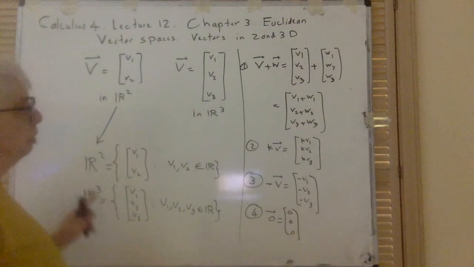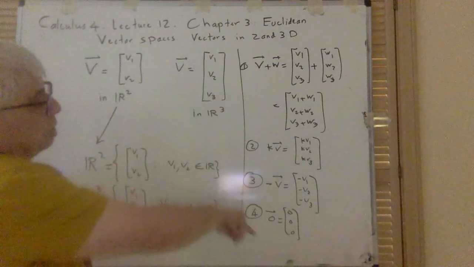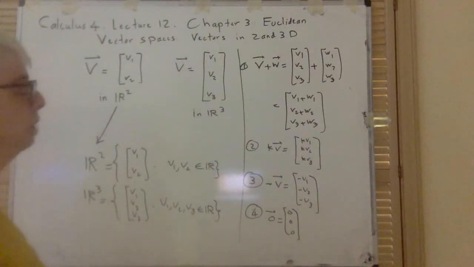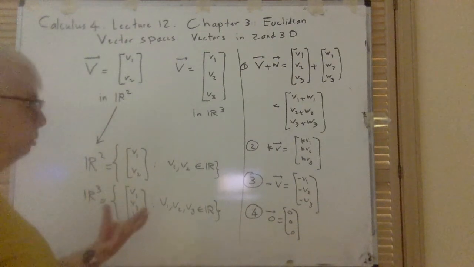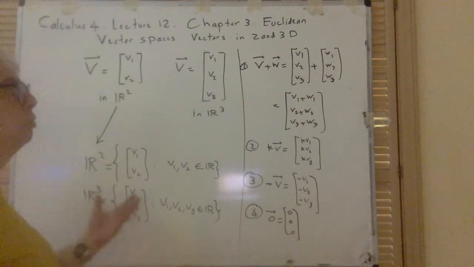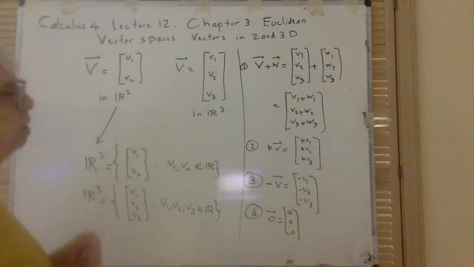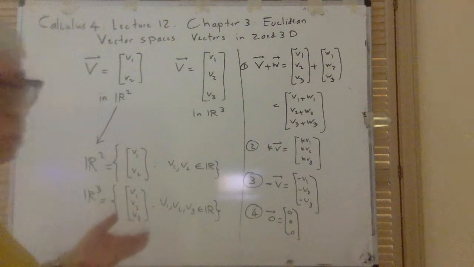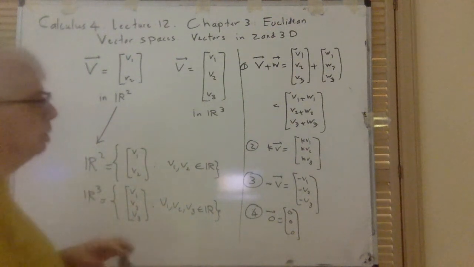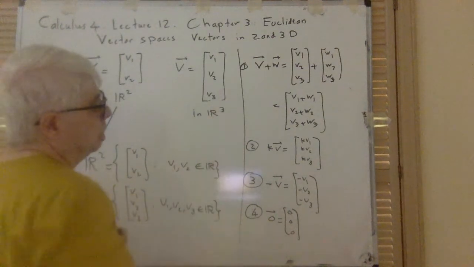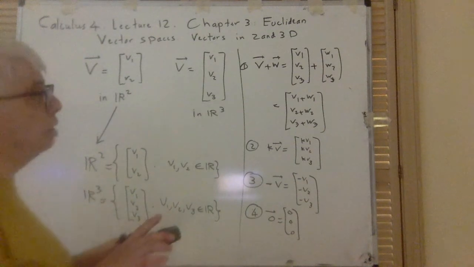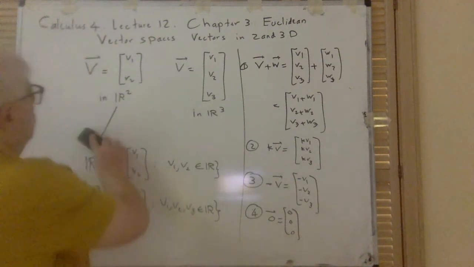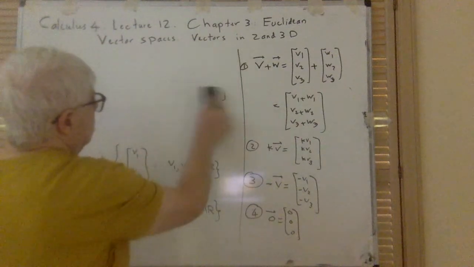So with these two operations and these two extra definitions, we give this set a certain structure which we call a vector space. In fact, we will see that this is true for every vector space. When we define a vector space, we have to define these things. But not just that, we also have to check certain things.